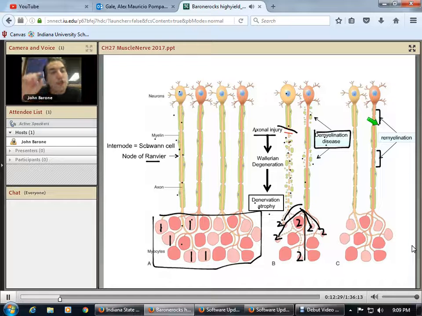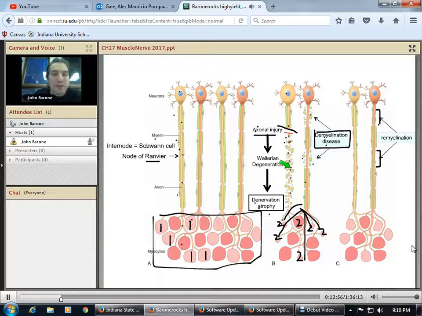And the internodes are going to be shorter. So now you're going to get better, but it's going to take a little bit longer to get down there because this is thinner myelination, less insulation, and there tends to be shorter intervals between the nodes. So again, remyelination, you get better, but you're never going to be 100% better. That's the problem with remyelination. You get better, just not 100%.